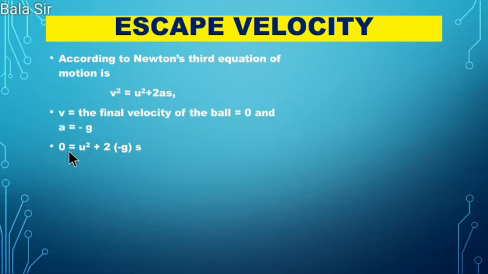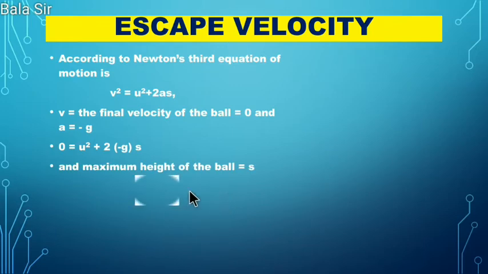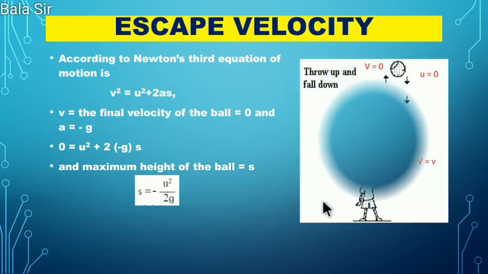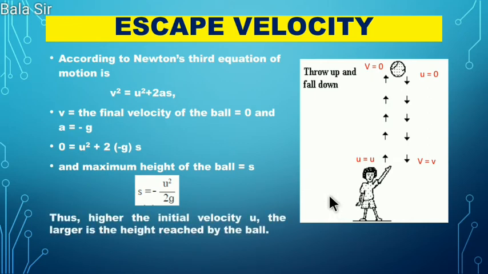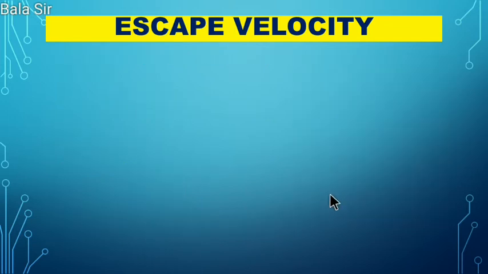What you see? 0 is equal to u square plus 2 into minus g into s, and the maximum height of the ball is s. So after calculating, you get s is equal to minus u square upon 2g. Thus, the higher the initial velocity u, the larger is the height reached by the ball.